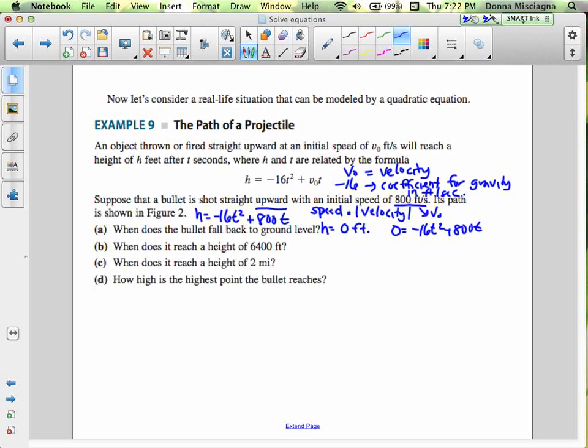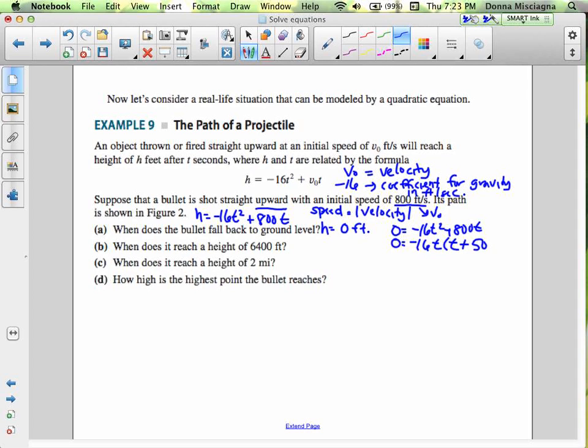We can factor out a common factor. This is an easy solve. They're both divisible by negative 16t. So negative 16t squared divided by negative 16t is t. 800t divided by negative 16t is going to be 50, right? Because 80 divided by 16 is 5, so 800 divided by 16 is 50.